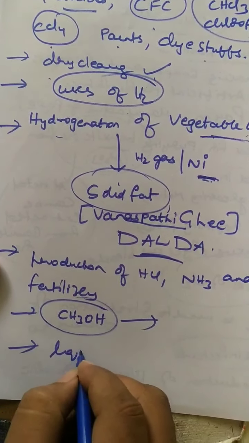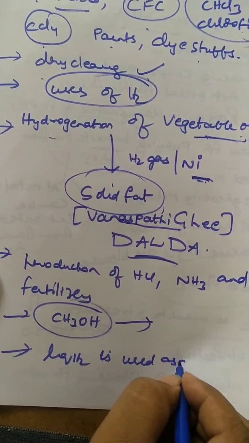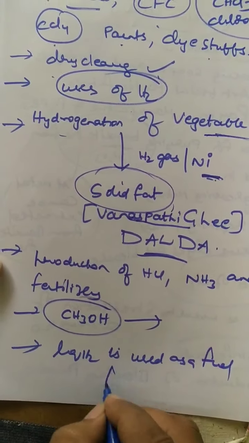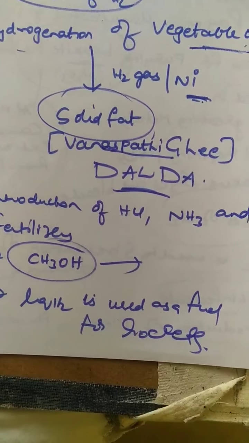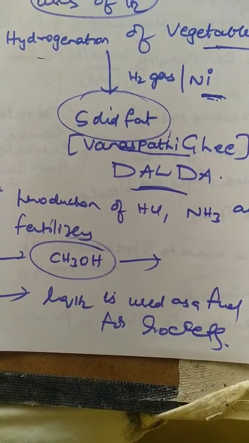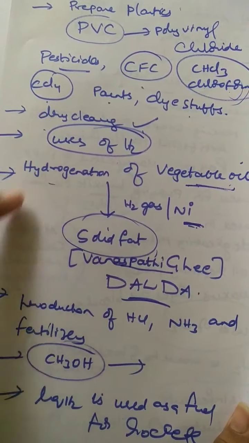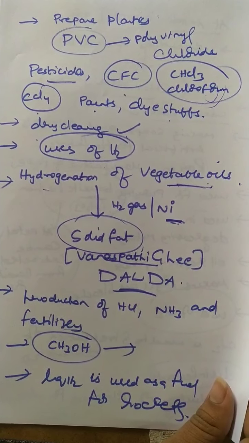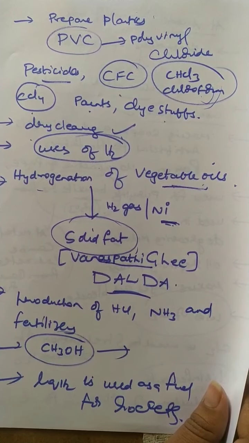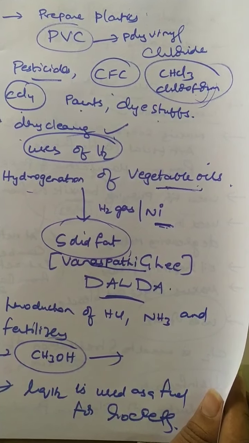And liquid hydrogen is used as a fuel for rockets. So this is the importance of hydrogen. We have discussed the importance of NaOH, chlorine, and hydrogen gas.